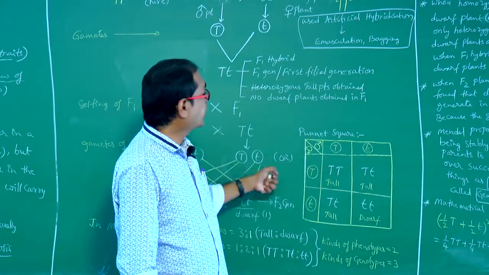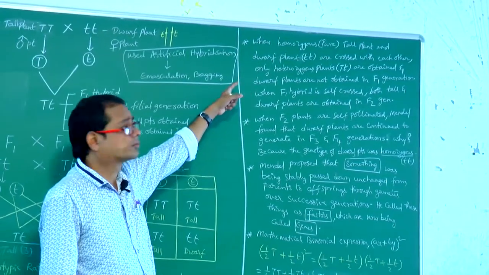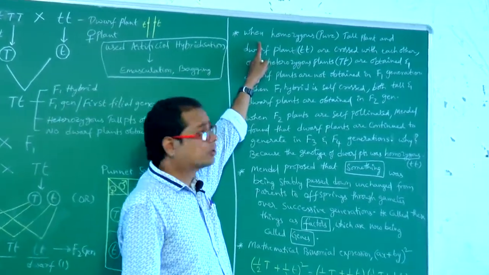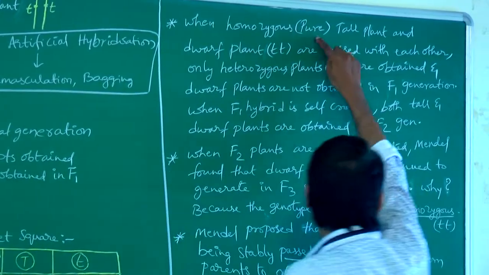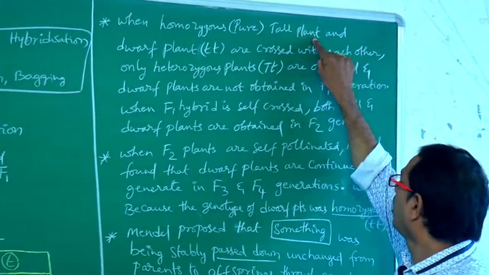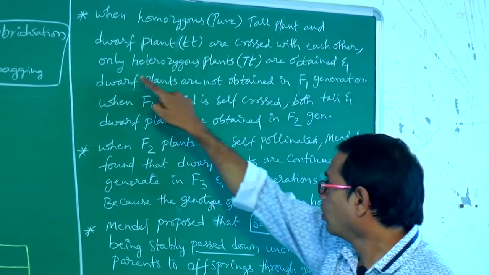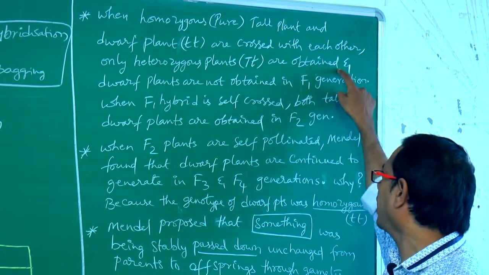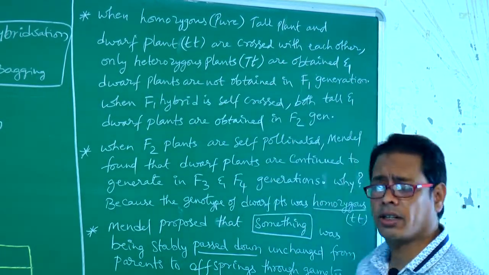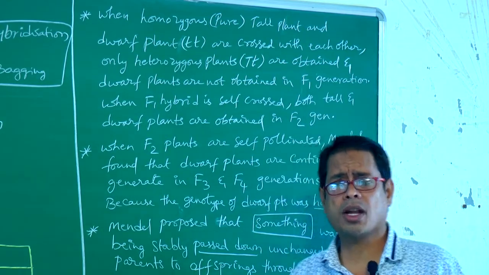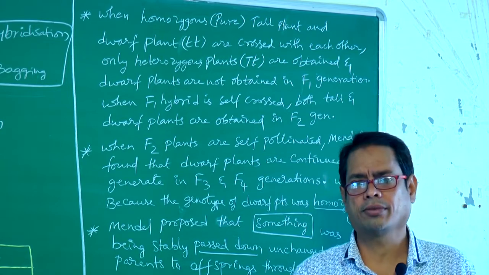See, this one I have written there. Look at here, my dear students. When homozygous, also called pure, tall plant and dwarf plant are crossed with each other, only heterozygous plants are obtained and dwarf plants are not obtained in F1 generation. In F1 generation, what type of plants are obtained? Only tall plants are obtained.